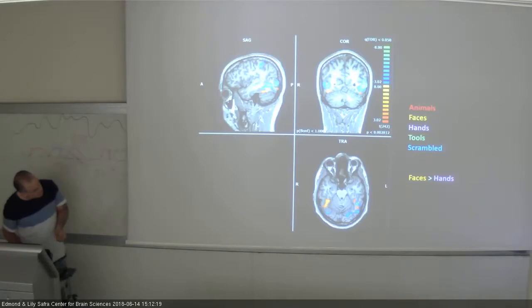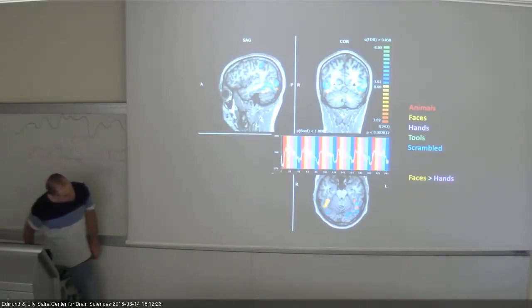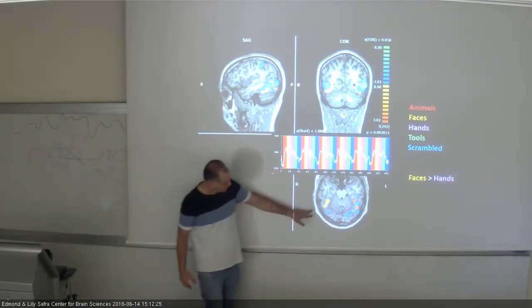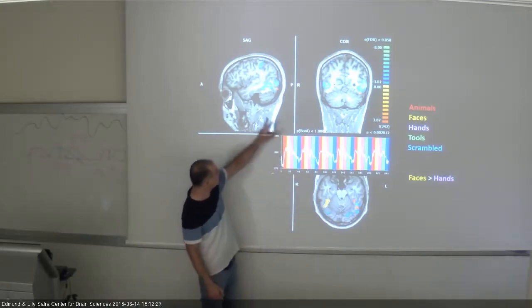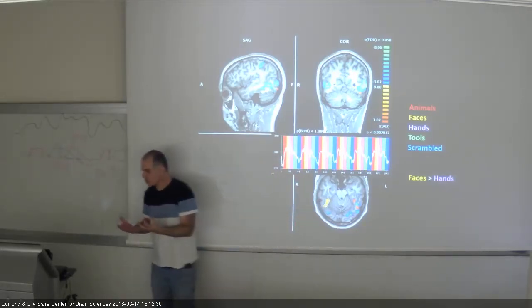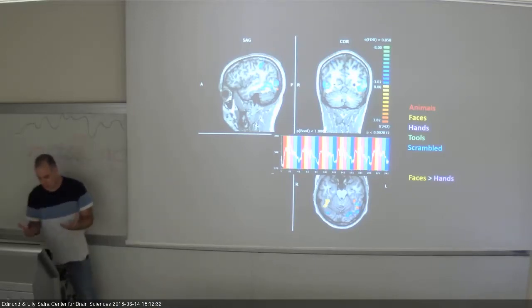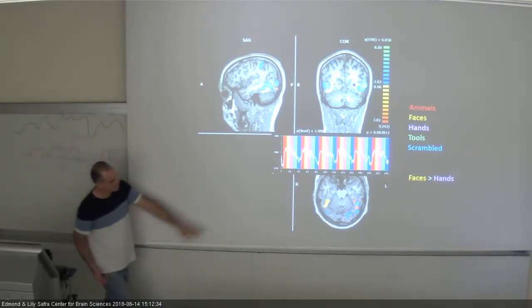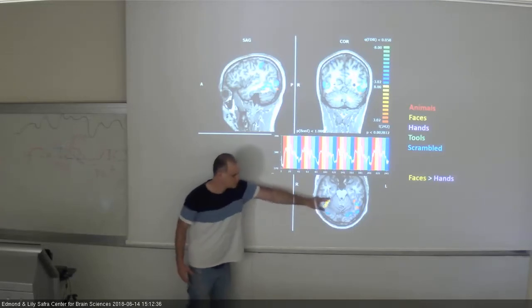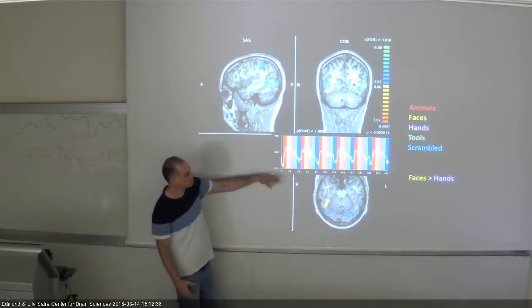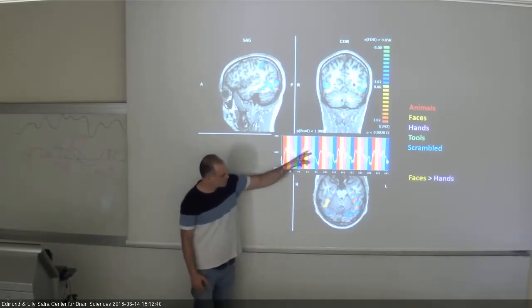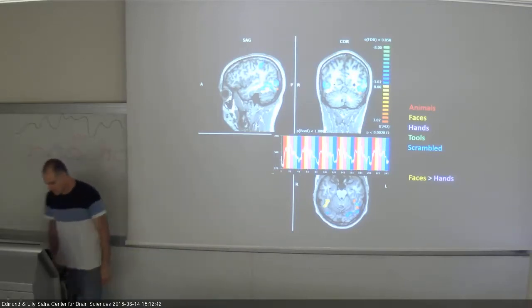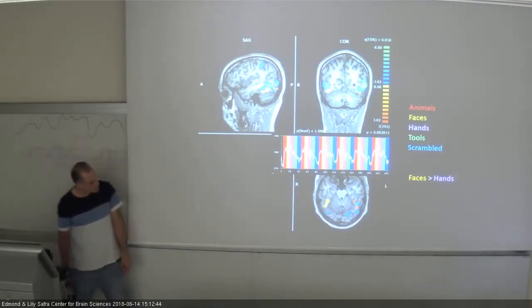So what you see here is a threshold that we can set, and if we take this region here, we collectively check the average time course. So this is one time course for, let's say, 150 to 300 voxels. We see something like that, and this is responsive to faces.